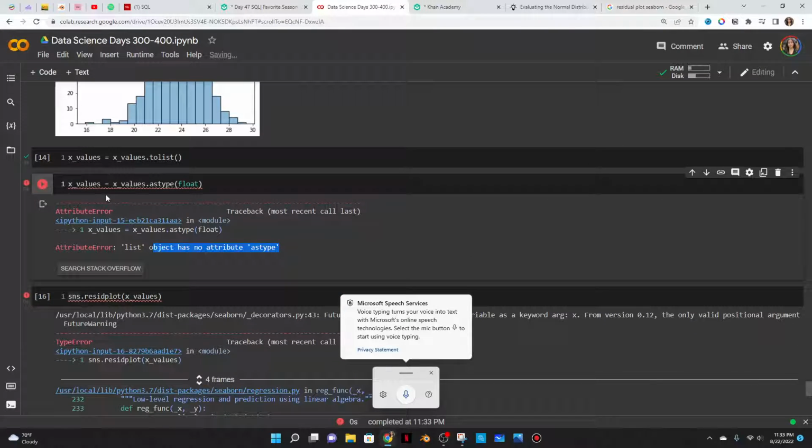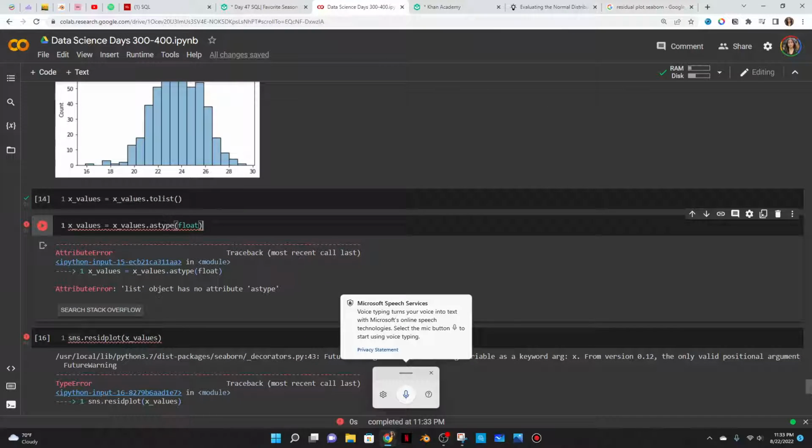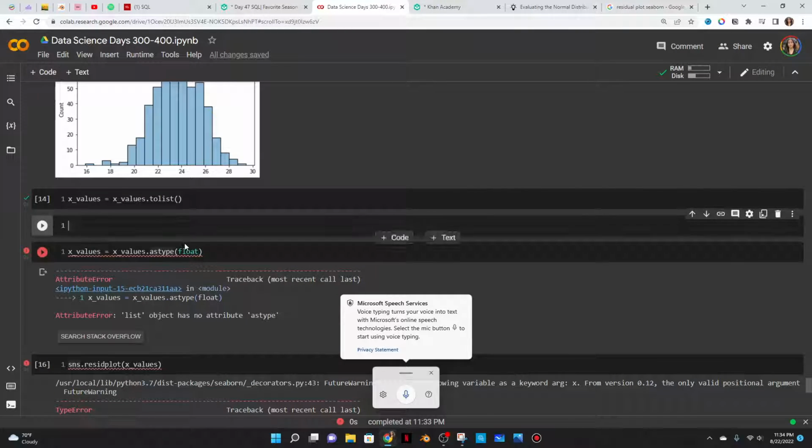List object has no attribute as type. Of course it doesn't. So it's x values. How do I do a for loop? No. It would have to be, let me do a pandas data frame. So data is equal to pd dot DataFrame.